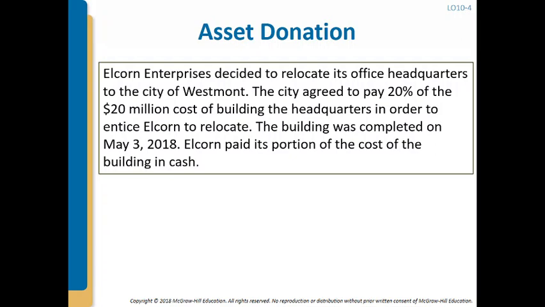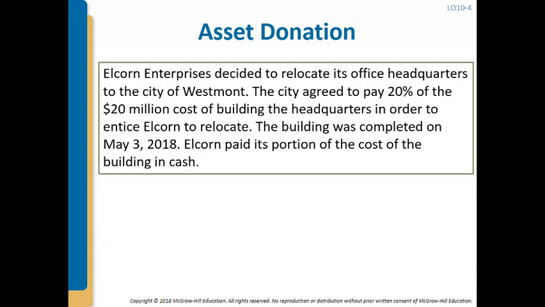So we have a situation here where this company decides to relocate its office headquarters to the city of Westmont. The city agreed to pay 20% of the $20 million cost of building the headquarters in order to entice Elkhorn to relocate. The building was completed on May 3rd, 2018. Elkhorn paid a portion of the cost of the building in cash. And so 20% of 20 million is your revenue.